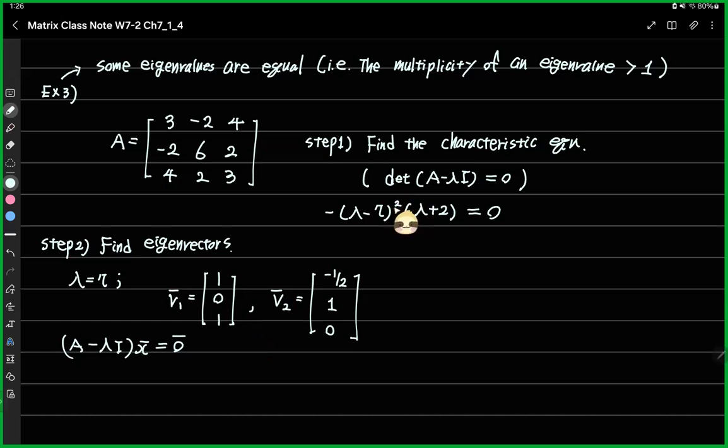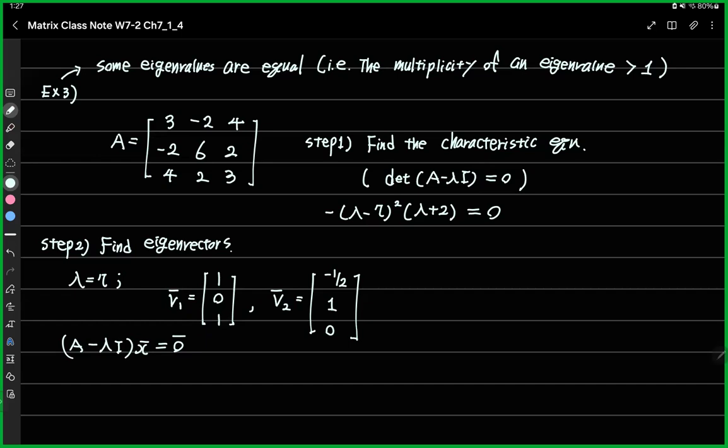So we can only get at most 2 eigenvectors. V1 and V2 must be linearly independent, because we cannot get one as a scalar multiple of the other, and vice versa.